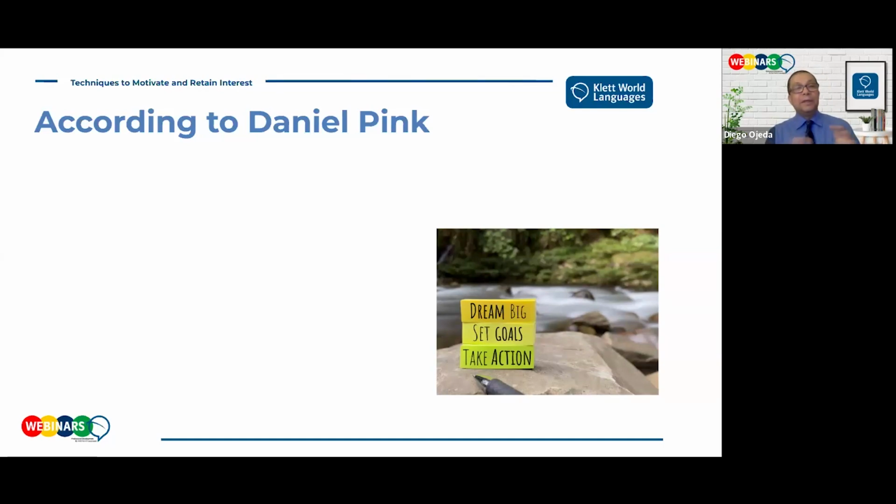Sometimes peers interfere, and sometimes the students are not motivated because there's peer pressure, there are negative attitudes, there is a lack of communication and collaboration among classmates. So that's another issue as well. Sometimes students lack self-confidence. I can't do this. And you hear, I cannot say it in English, much less will I be able to say it in Spanish or German or Italian or French, whatever language they're learning.